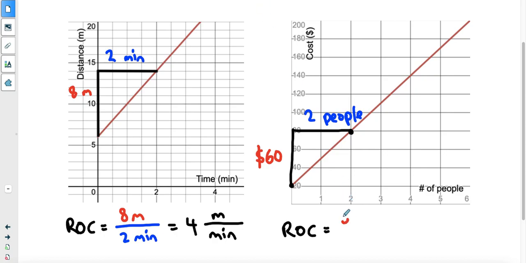So I'm going to take $60 and divide it by 2 people. $60 divided by 2, that's 30. And the units are going to be dollars per person, because that's what we're dividing.